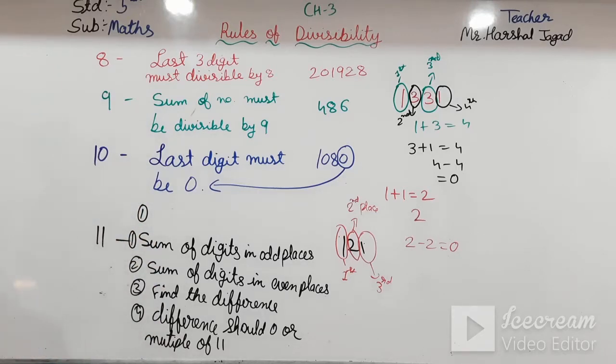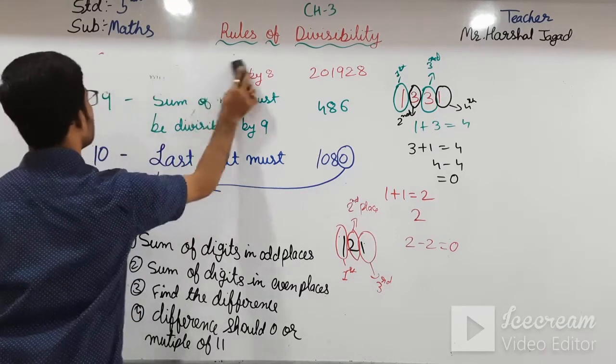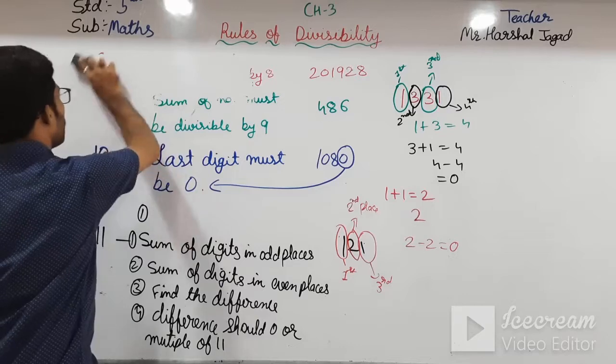Okay students, now moving towards 12. How can we know that the number is divisible by 12?